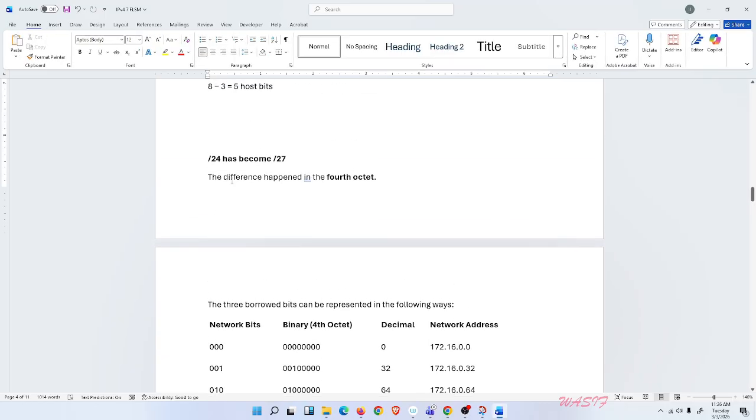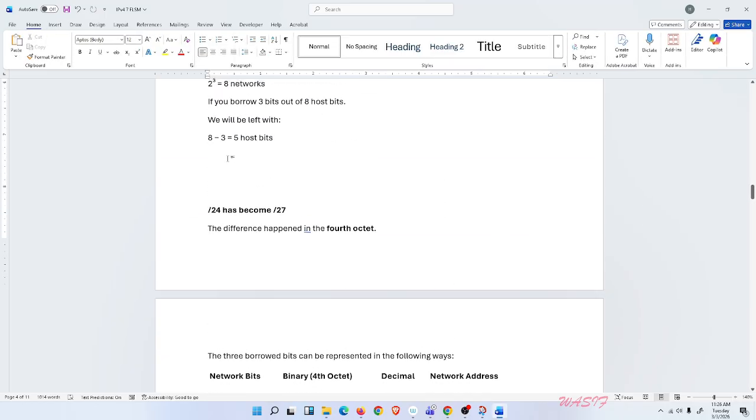Very important. Write it here. Note, you can only borrow bits from the leftmost host bits, okay? Not from anywhere else.